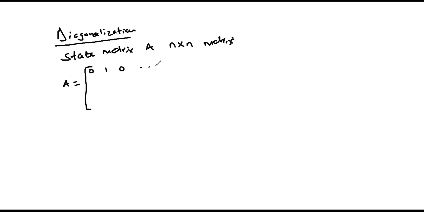Suppose our state matrix A is an n by n matrix written in controllable canonical form, as the matrix A is given by 0, 1, 0, all the other terms being 0, and 0, 0, 1, all the terms being 0, all the way up to 0, 0, 0, until the last term is a 1, so that we have a diagonal of 1 along this line.